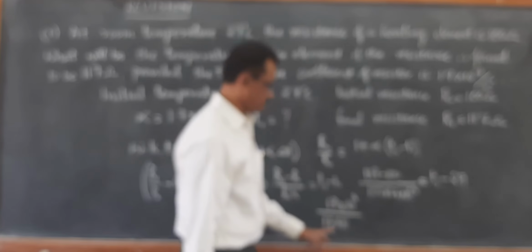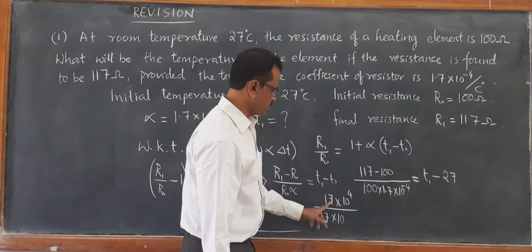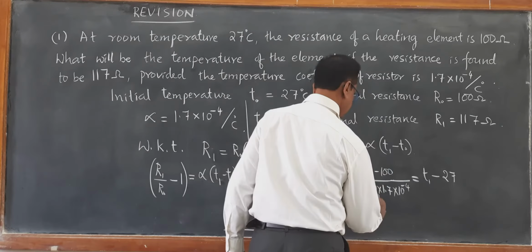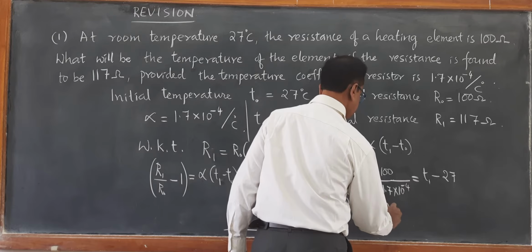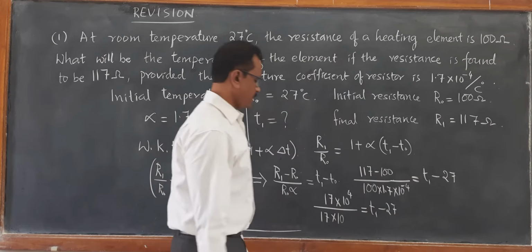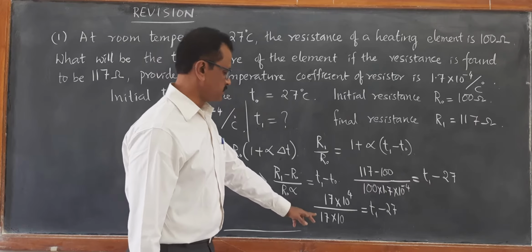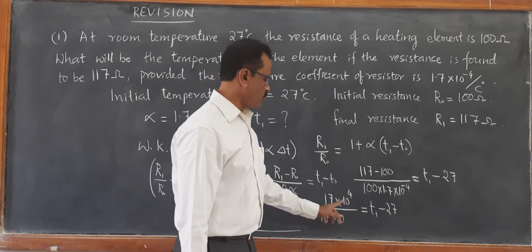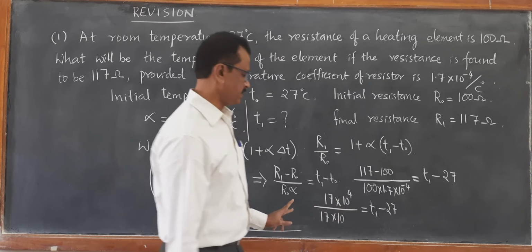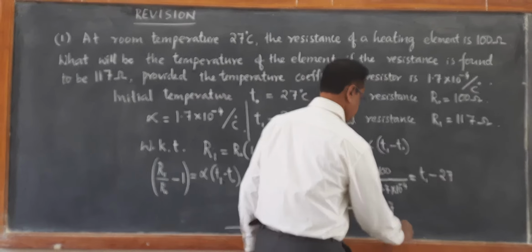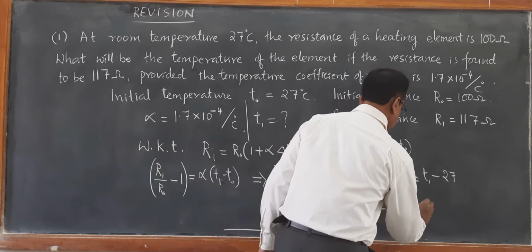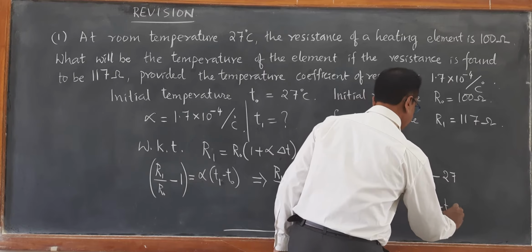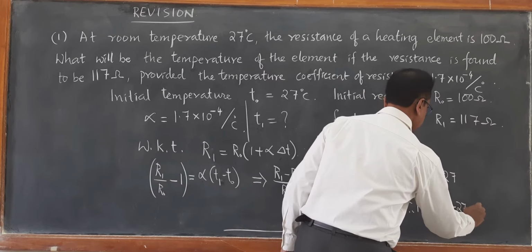So 17 ones are 17. So that becomes equal to T1 minus 27. You can see here, 10 cancels here. So 1 into 10 raised to 3, that is 1000. Therefore, 1000 equal to T1 minus 27.